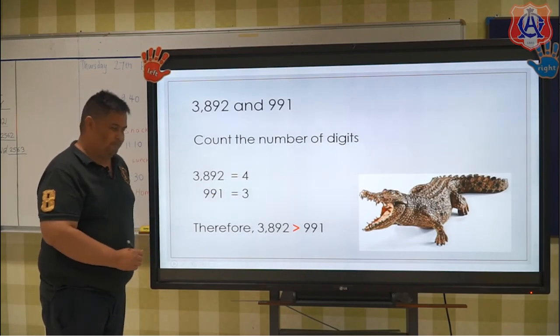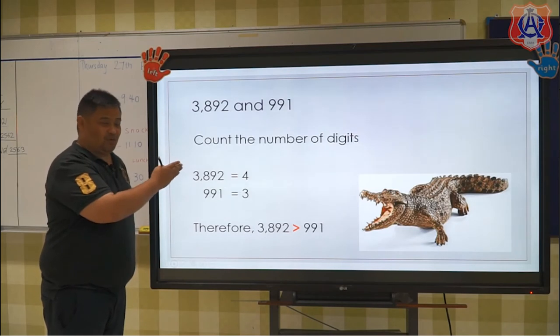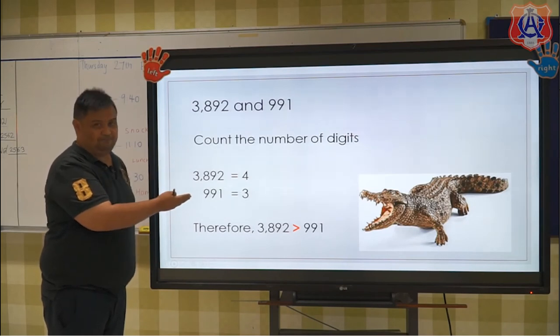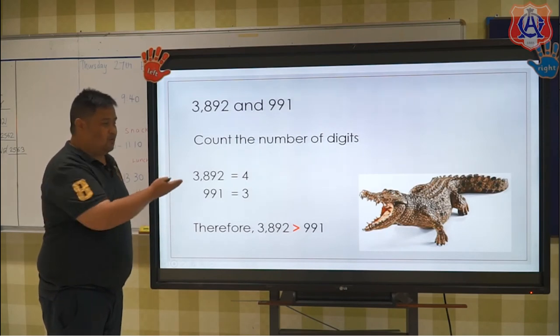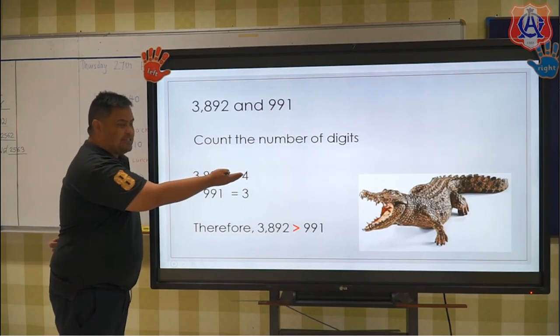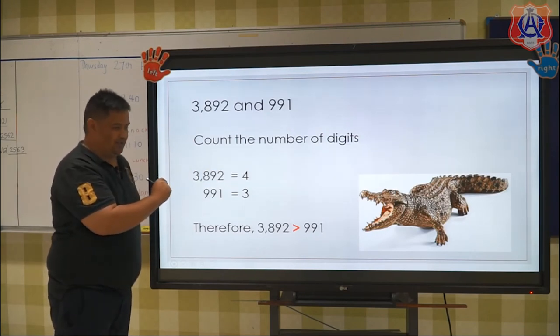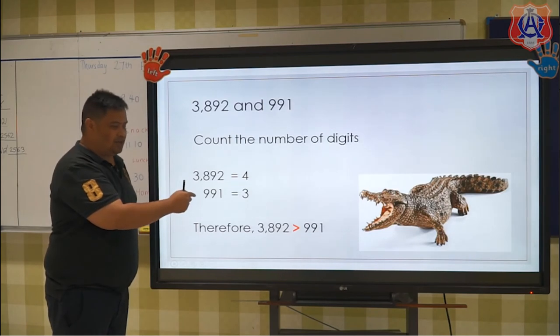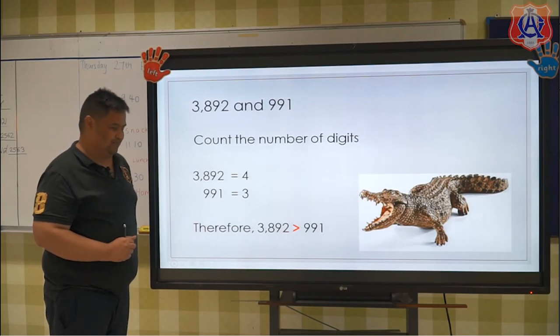Which one do you think has a bigger value? The one with 4 digits or the one with 3 digits? You are correct. The answer is the one with more digits, and that is the 4 digits for the 3,892 as compared to the 991, which only has 3 digits.